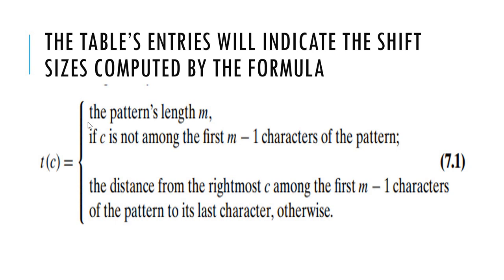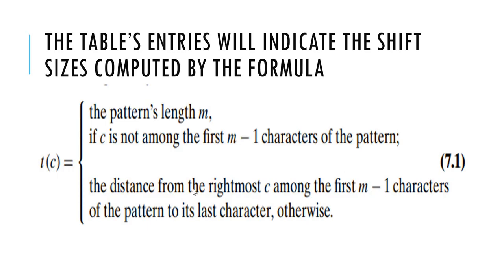It may be the pattern length M sometimes, that is only when C is not among the M-1 characters of the pattern. So that's what I told you. If that particular character is there in one of the positions, we will be shifting it as per the shift table.